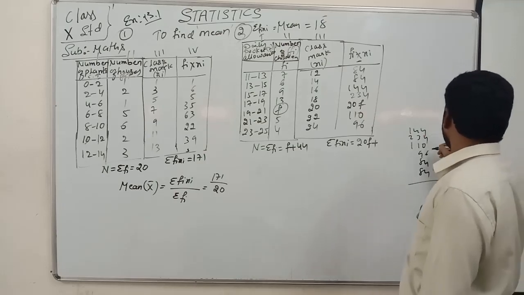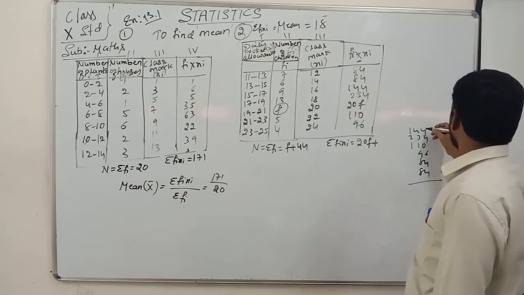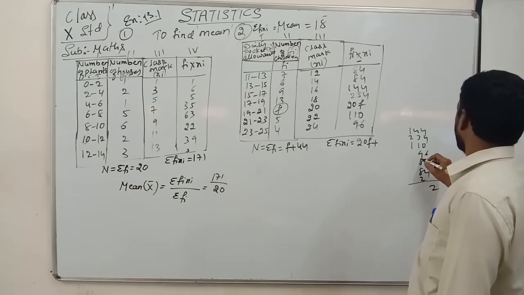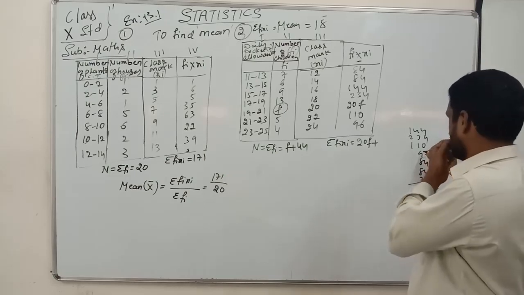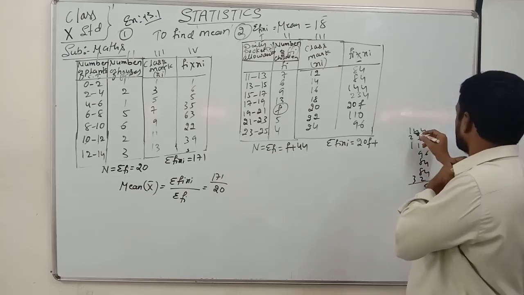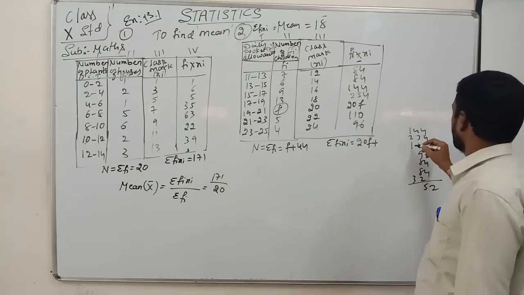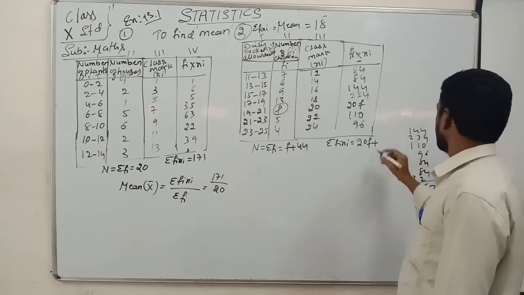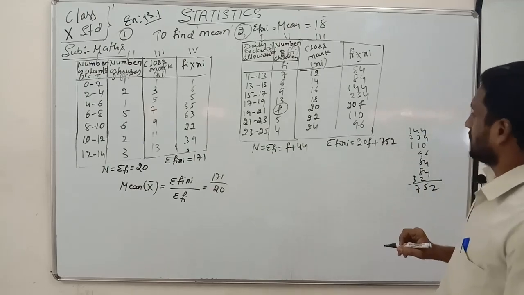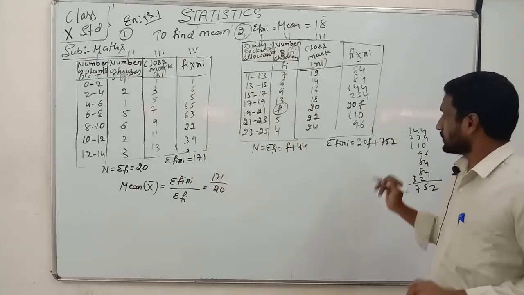Now 10, 14, 18, 22, 18, 27, 28, 31, 35. So 752, I think. Once again you check here. I am only showing the method here.